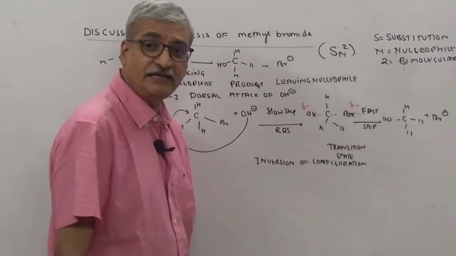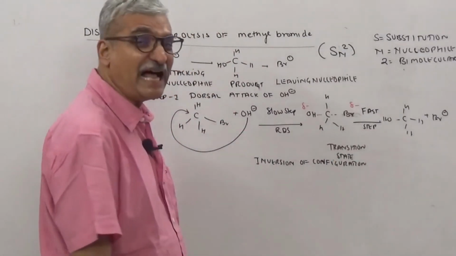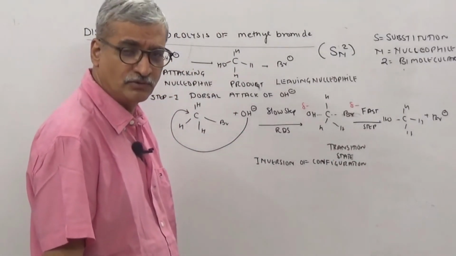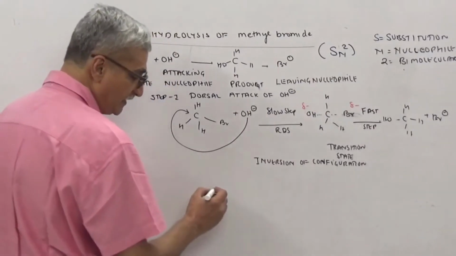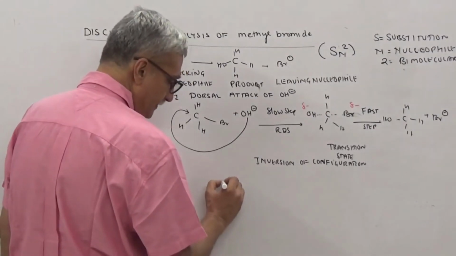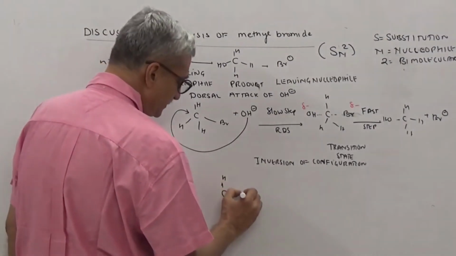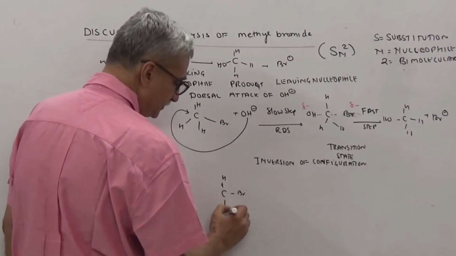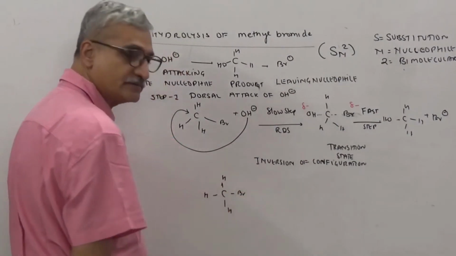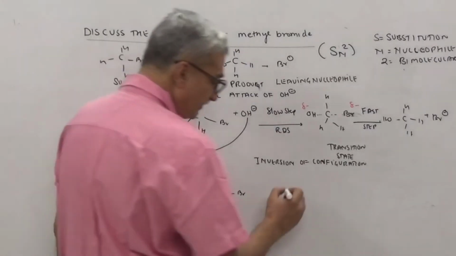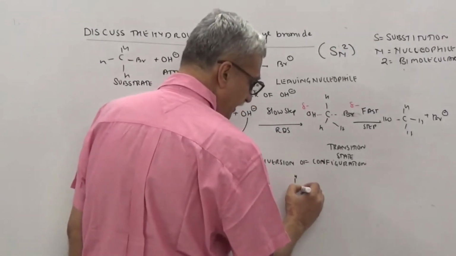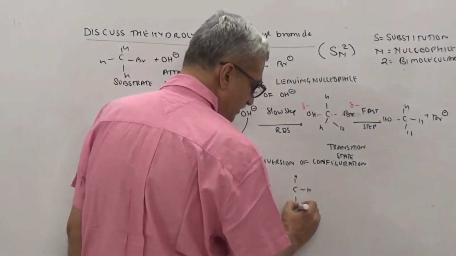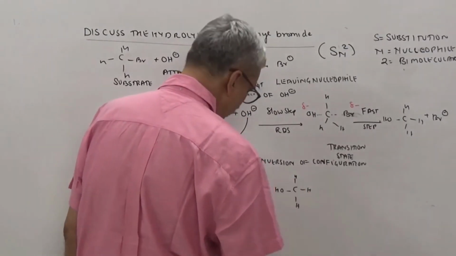You remember that they taught R and S configuration. I don't know whether you know this or not. See, let me explain what this is. H, Br, H, H. And this will be H, H, H, OH.